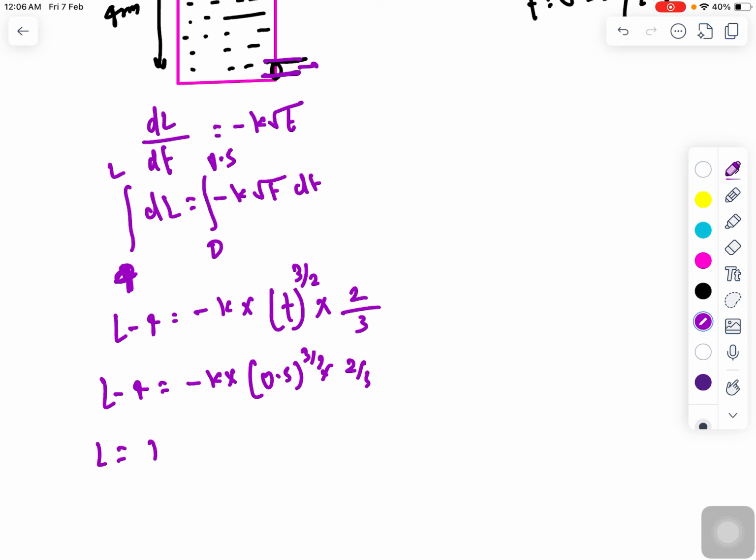So what is L? L is equal to 4 minus k, value is given 0.6, into 0.5 whole to the power 3 by 2 into 2 by 3. So let's try to do the calculation. This is very important. The most important part of this particular problem is calculation, and to understand how you can use this differential equation.